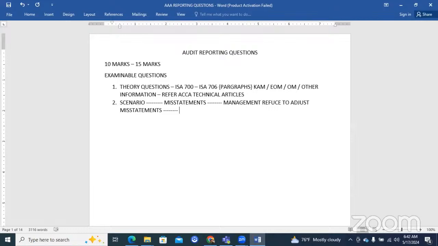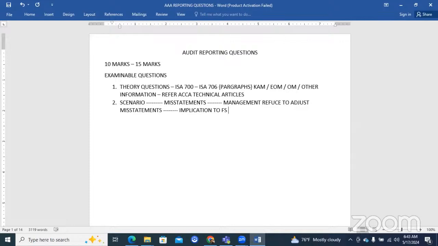We can give a true and fair view. But sometimes management refuses to adjust those misstatements. If management is refusing to adjust a material misstatement, what will be the impact on the financial statements? Implication to financial statements. So this is the second type of question.